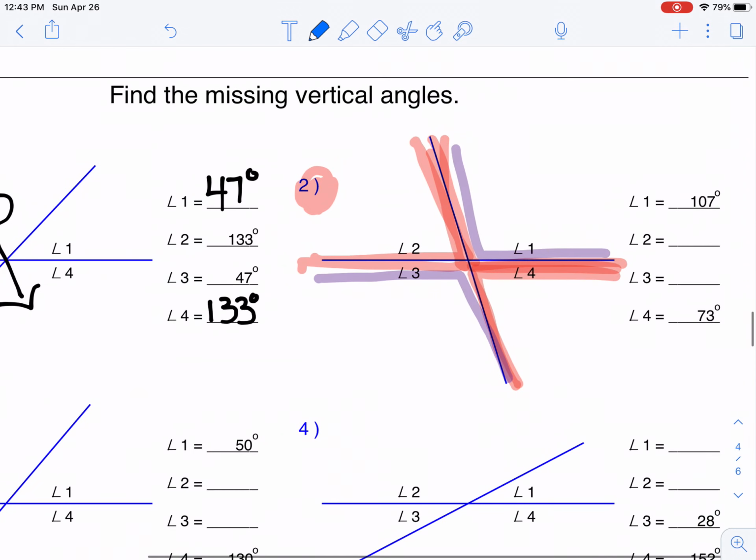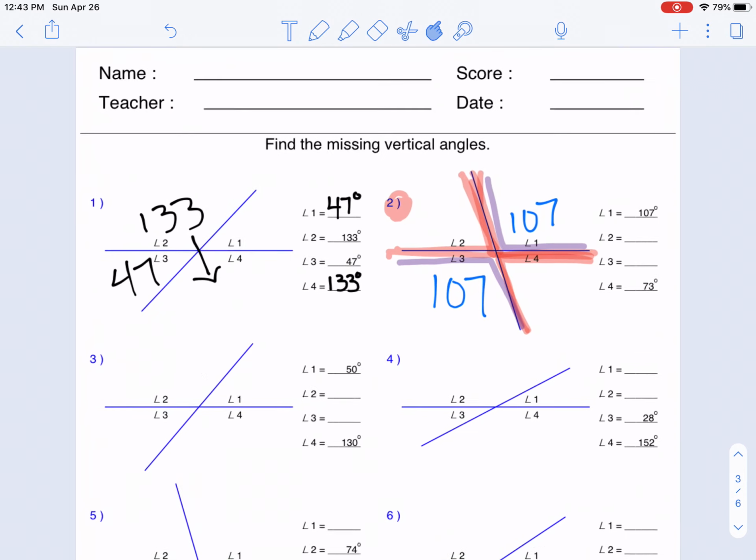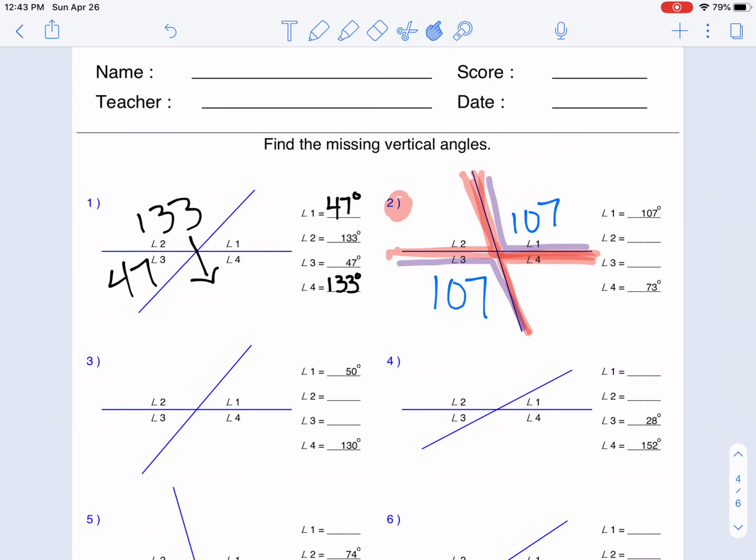And if angle 1 is 107 degrees, then how much is 3? 107. Okay? I know that's a lot of vocab, and there is a Quizlet, and I highly recommend that you practice the vocabulary. Most of this vocabulary is in your toolkit, but not all of it, so it is important that you have these notes. You are to complete the rest of this and then turn in.